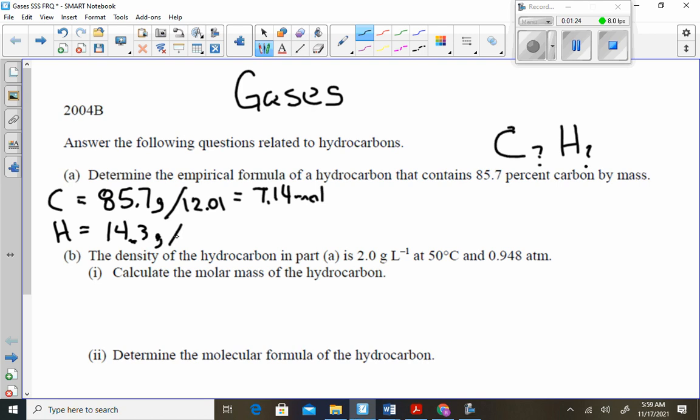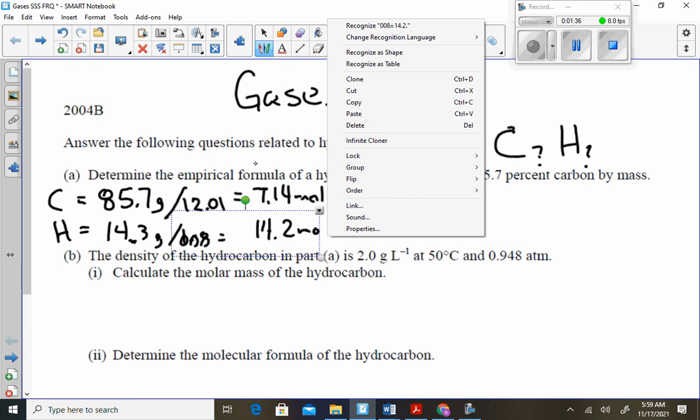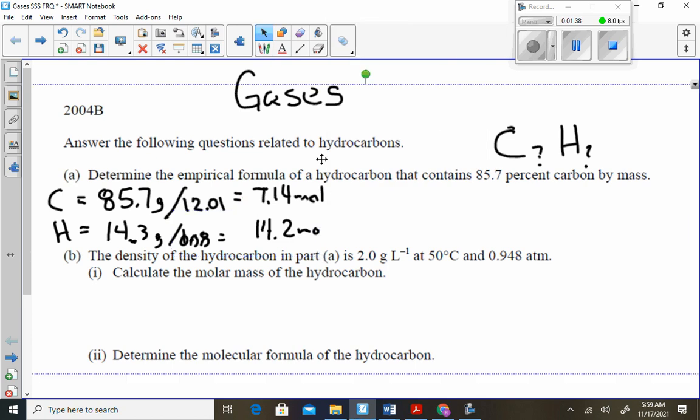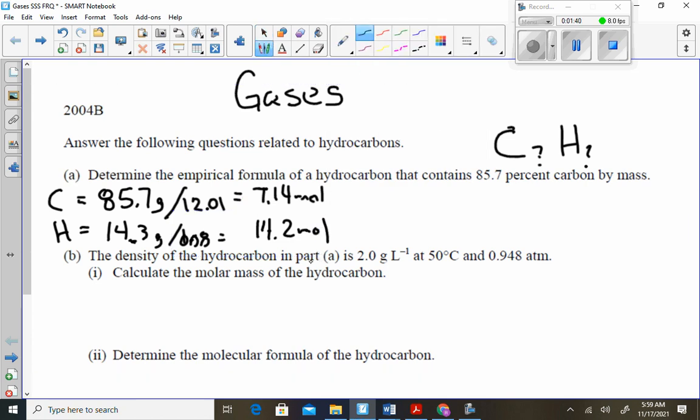And for hydrogen, we have 14.2 moles. The next step, and you might be able to do this without actually doing this step, is that we need the ratio. You could probably see that it's a 1-to-2 ratio.